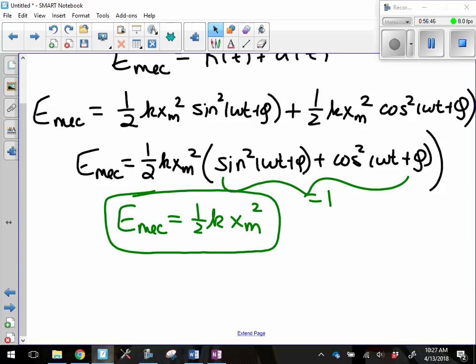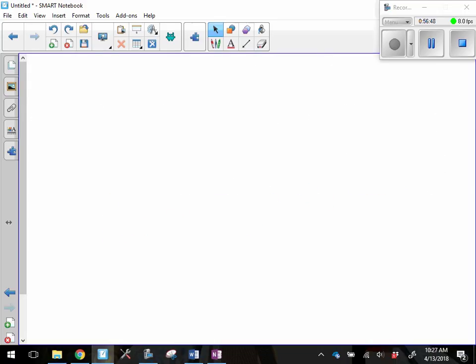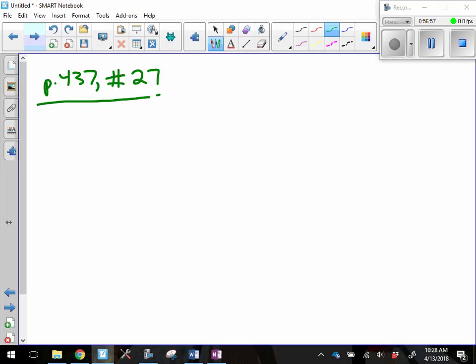Okay, I think we can do the next problem, which kind of puts this together. So we're going to do page 437, number 27. If somebody could read it for us real fast. What fraction of the total energy is kinetic energy?